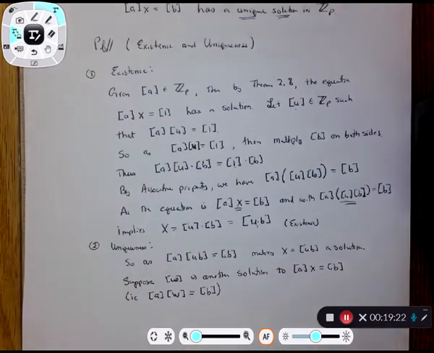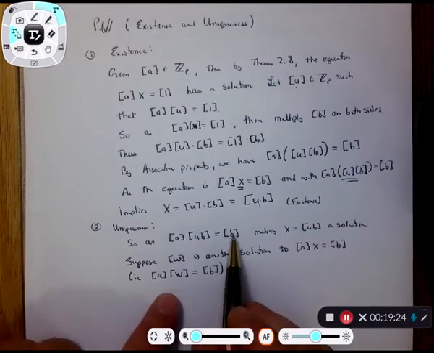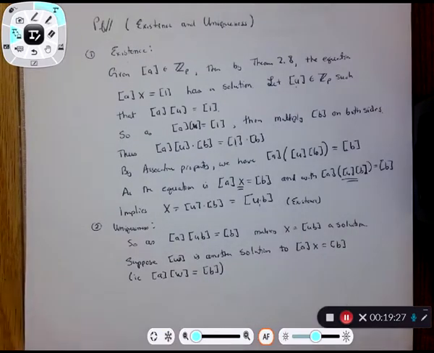That's going to give me the uniqueness. I've got two solutions to this equation, so that's basically what I'm setting myself up for here.